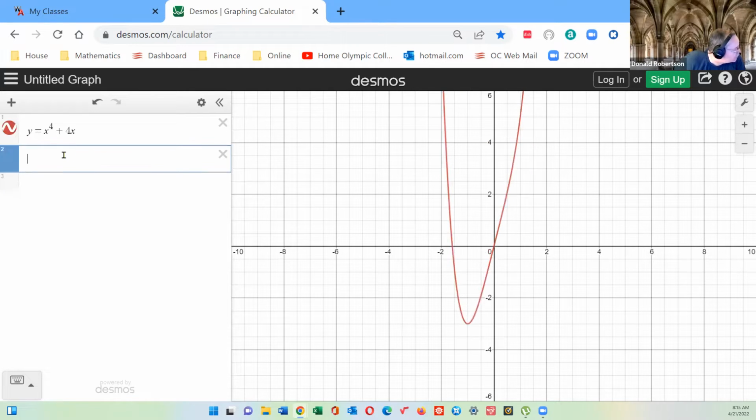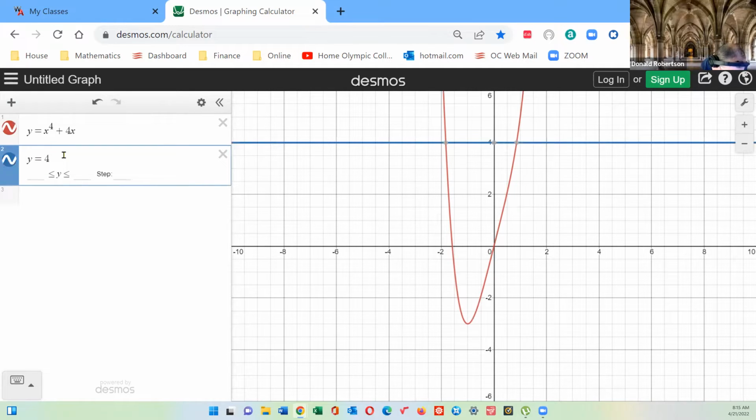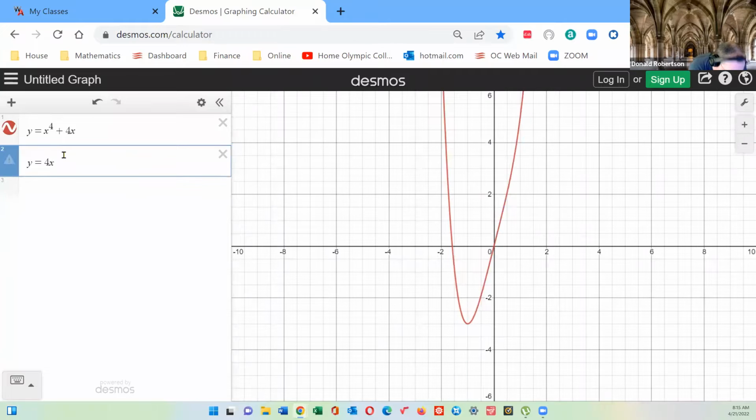And then your second function is going to be y equals 4x cubed. And nobody noticed my mistake. It should be plus 4.